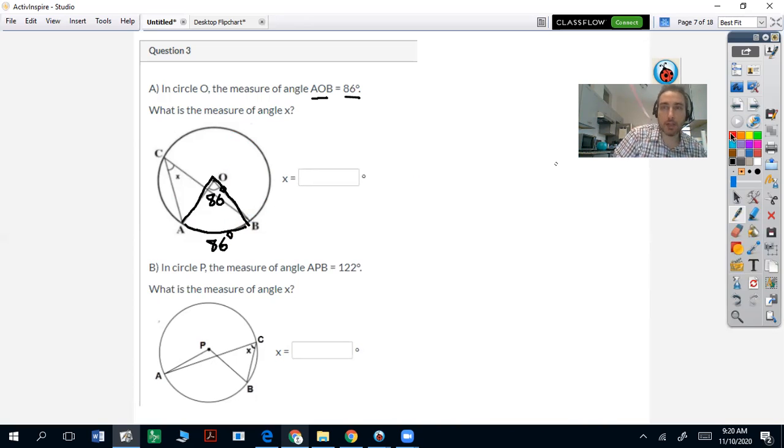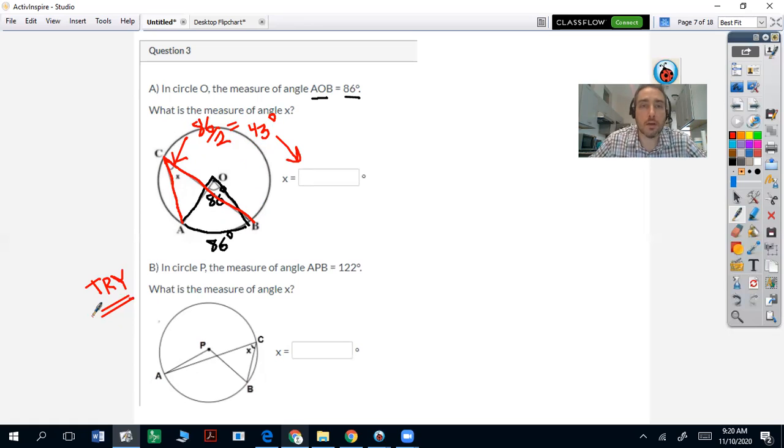And although it's not directly behind it, the angle at point C still opens up to that same arc. So you're still going to divide 86 by 2 to get angle C, that X there. So that's going to be 43 degrees. So a lot of dividing by 2, multiplying by 2 in these problems. Go ahead and try letter B. Same deal. All right, that's question 3.